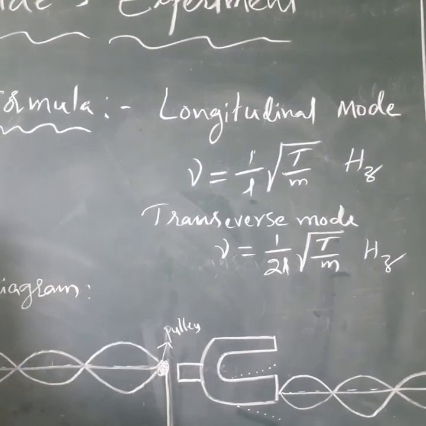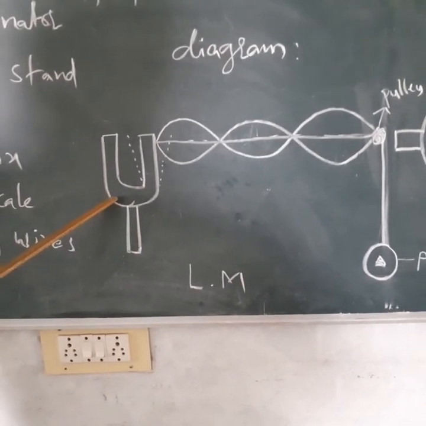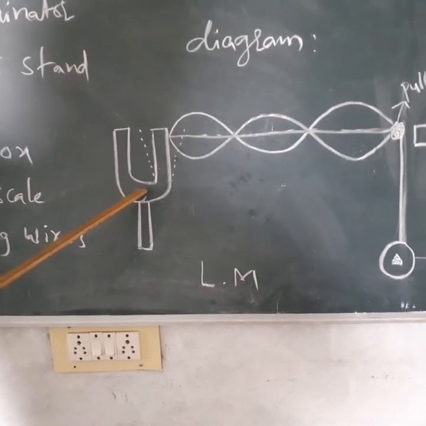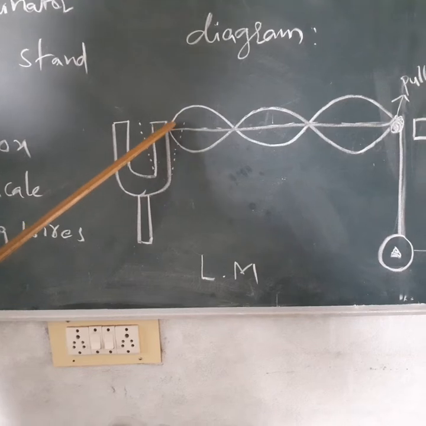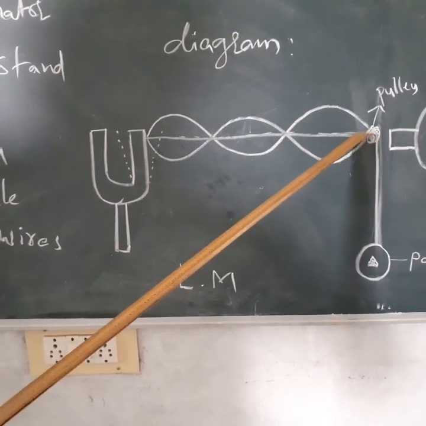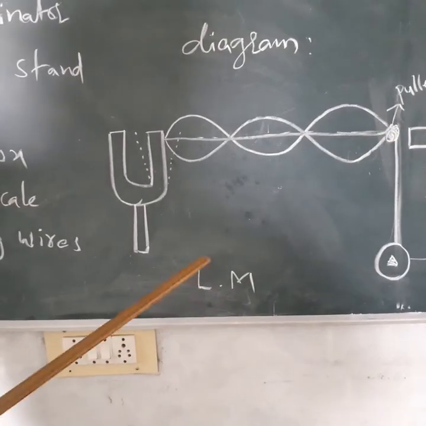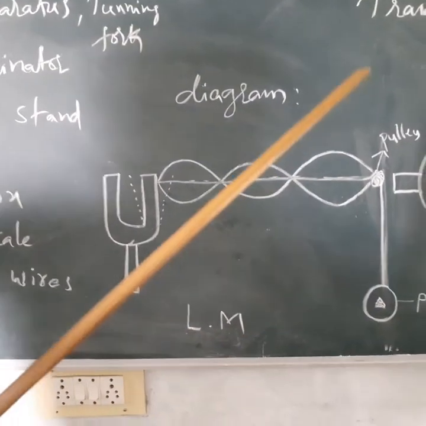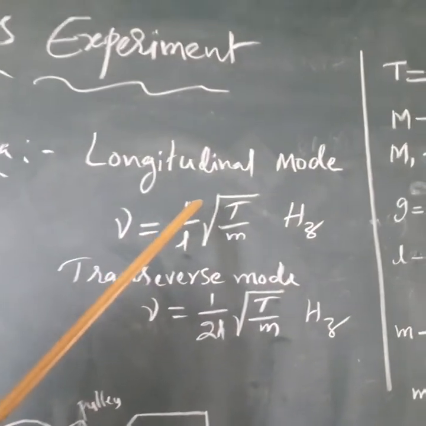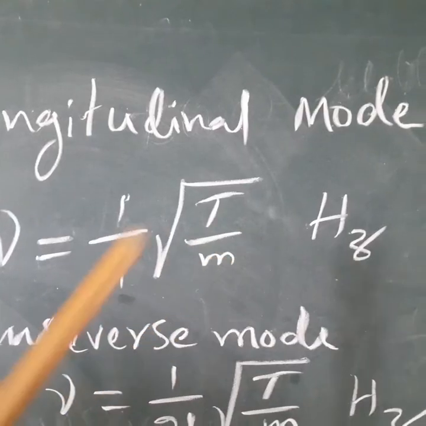The tuning fork is adjusted so that vibrations are parallel to the length of the thread. So it is a longitudinal mode. Formula: nu equals 1 by L square root of T by m.